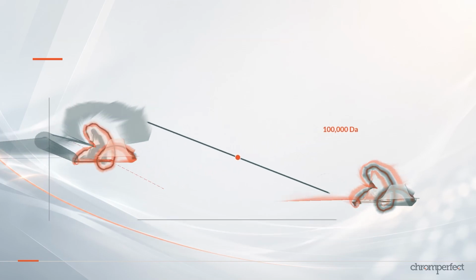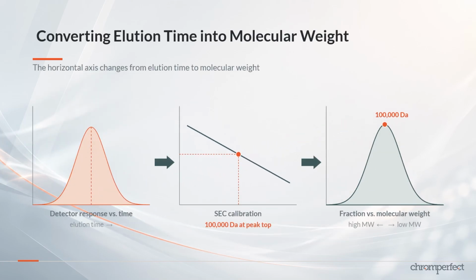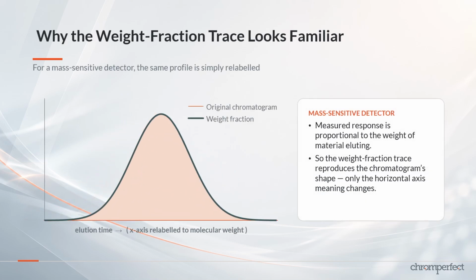When this chromatogram is converted into an SEC molecular weight distribution plot, the weight fraction trace closely resembles the original chromatogram. The axes and scales are different because the horizontal axis now represents molecular weight rather than time, but the profile remains Gaussian. Because the calibration curve was selected carefully, the weight fraction peak remains near the center of the plot.